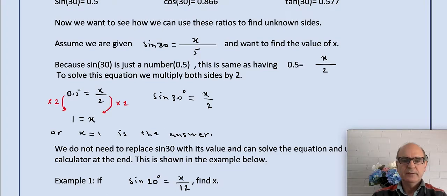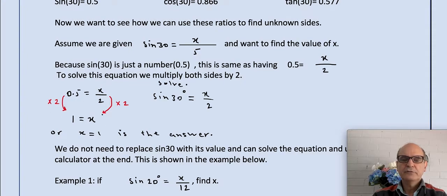Okay, so now that's the equation they want us to solve. To solve that equation, you've got to remember that, as we said, sine 30 is half. So I can replace it with half equal to x on 2.